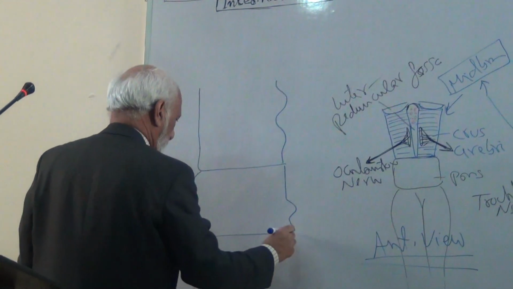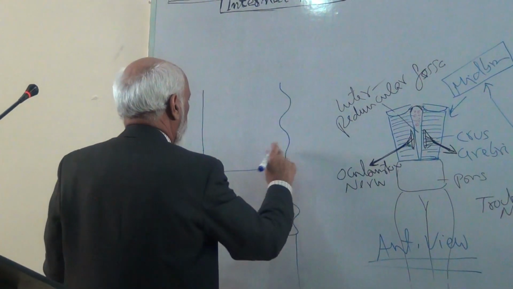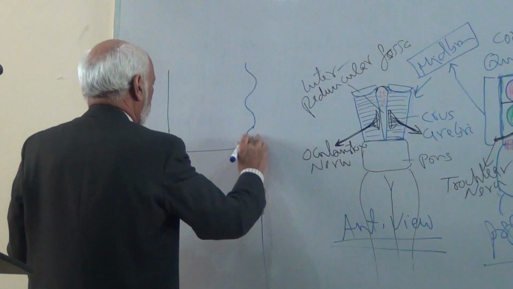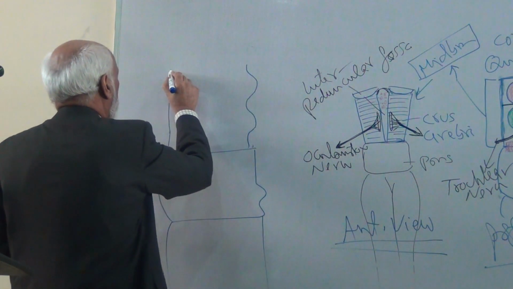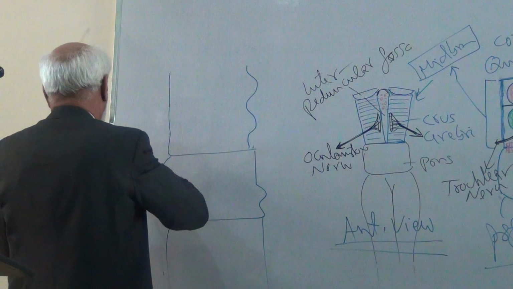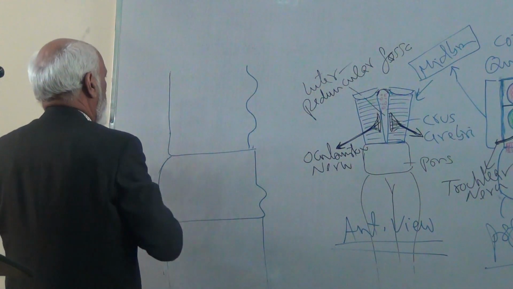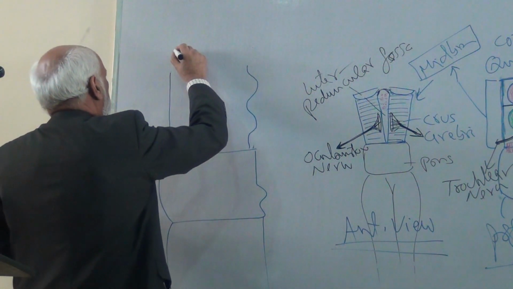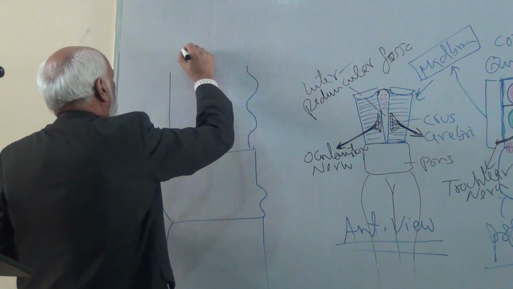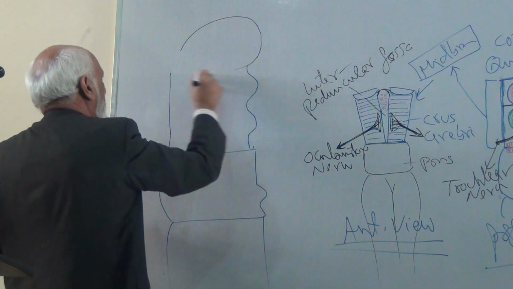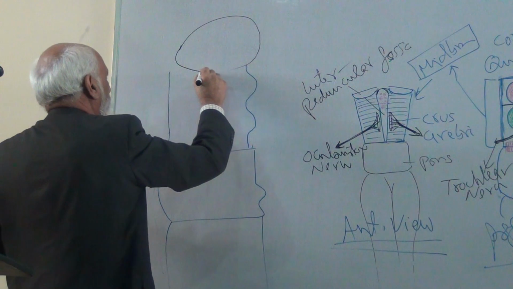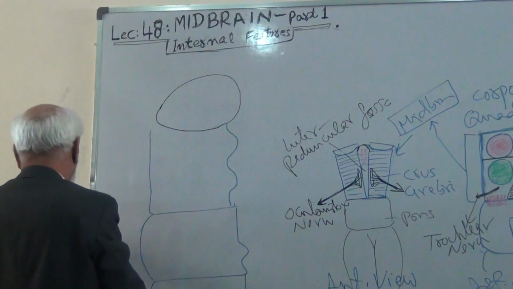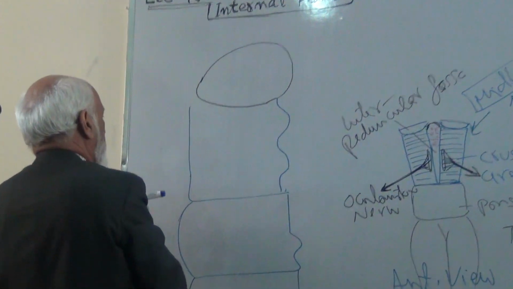And then medulla oblongata. Now, above the level of this midbrain is the thalamus. Suppose we have dissected all the parts, leaving the thalamus.